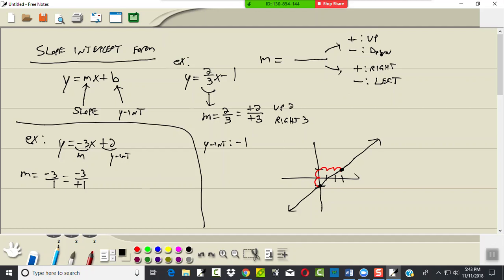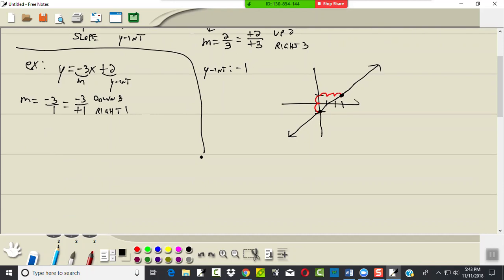Now, negative, we said, is down on top. So this says down 3. On the bottom is a positive, so that says right 1. So what that means is we're going to go to our y-intercept, which is at +2, and put a point there.